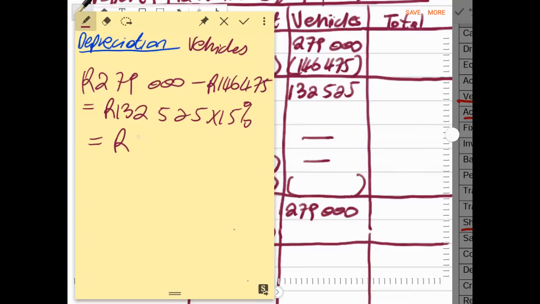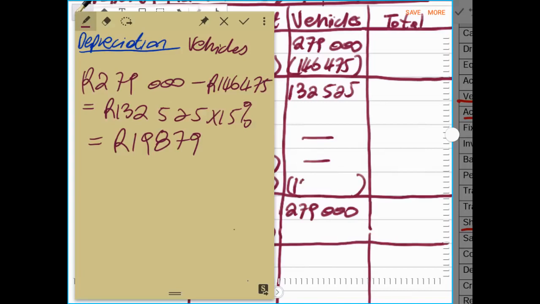So now 15% will give us 19,879, already rounded off. I've already rounded off that figure. After that, the decimal was 75.